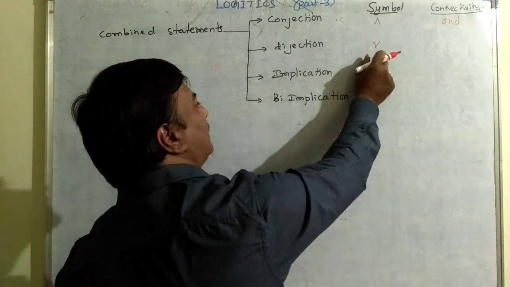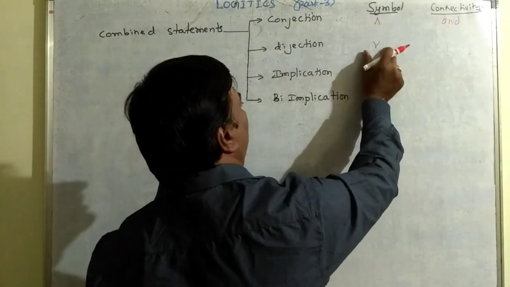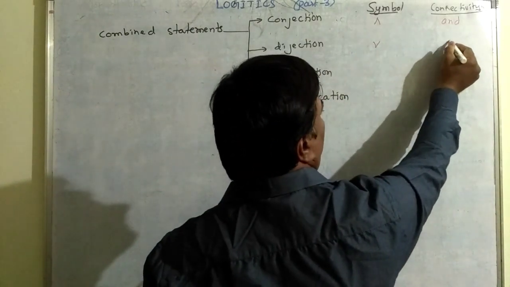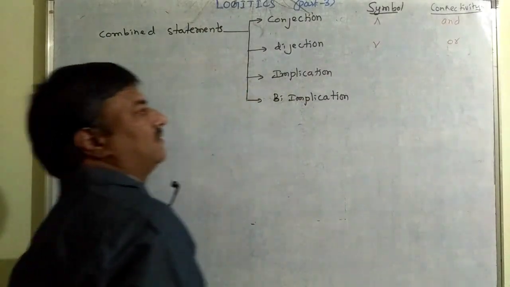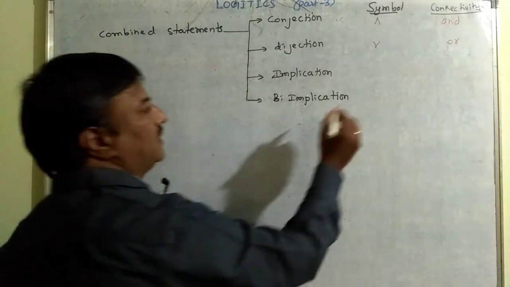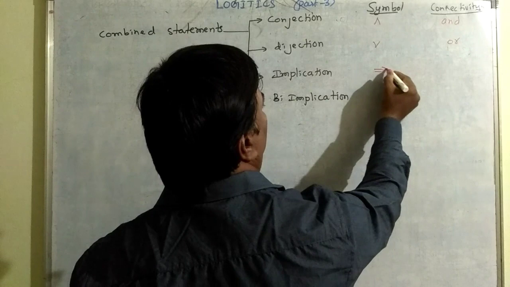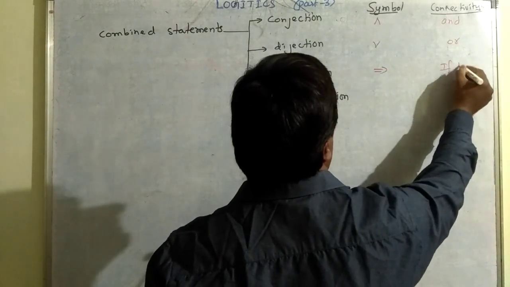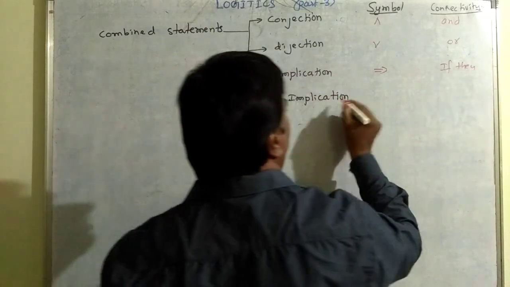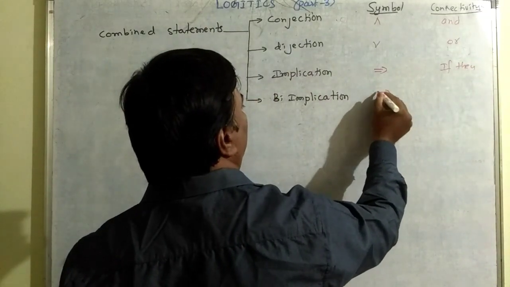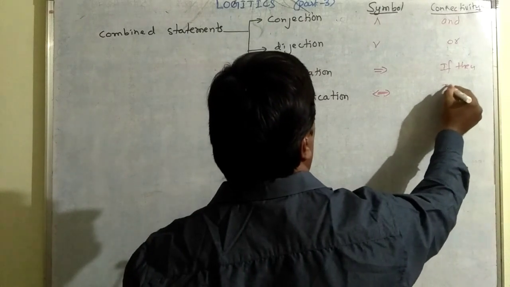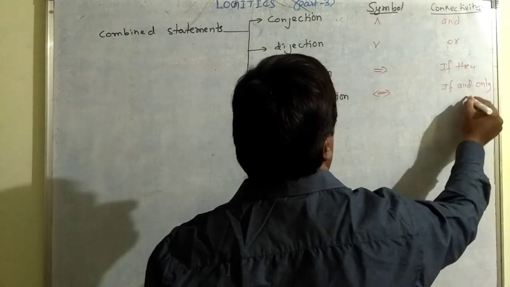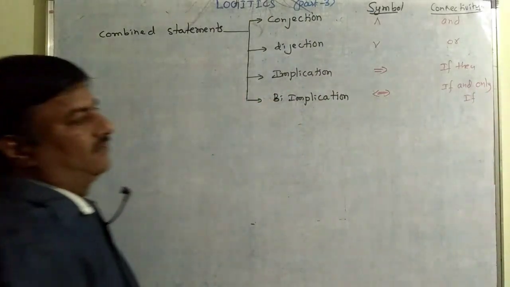Or is a V shape, which you can remember as union, and the connective is 'or'. For implication we use this symbol, and the connective is if then. Next, bi-implication has this symbol, and this is if and only if.